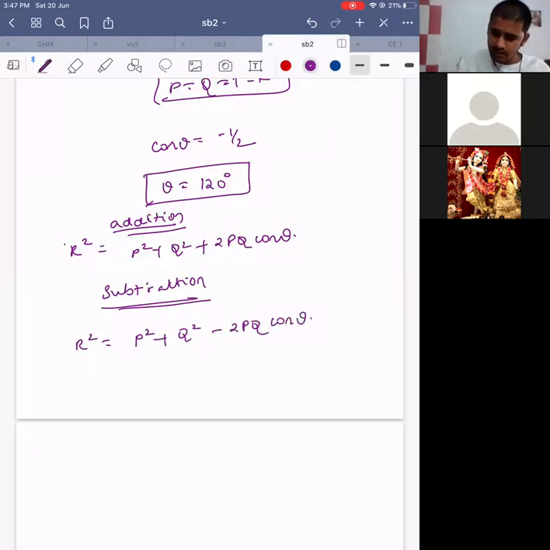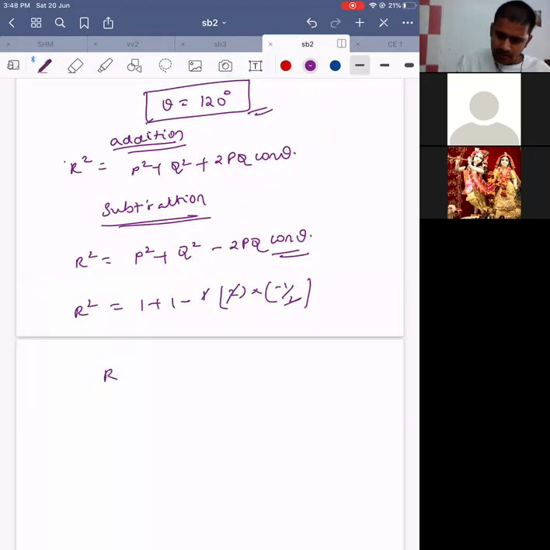Theta is 120 degrees, so cos theta is minus 1 upon 2. R square is equal to 1 plus 1 minus 2 times minus 1 by 2, so the 2 gets cancelled, and R is equal to square root of 3. Subtraction of the vectors. All right?